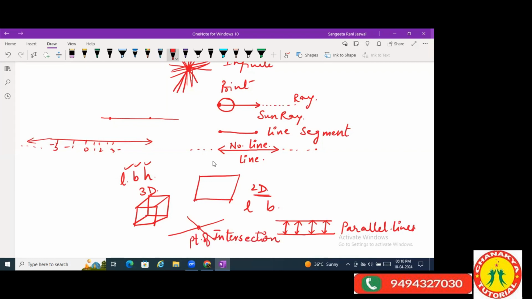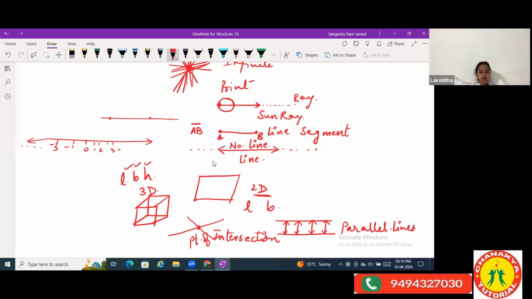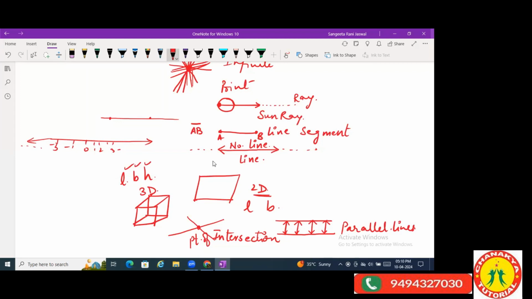Okay, now whenever we write, suppose I say this is a line segment, and I'm giving it the name AB. How do I write a line segment? Whenever I write line segments, I put a bar like this. We denote a line segment with this bar.